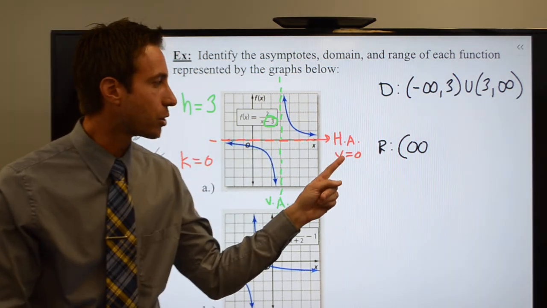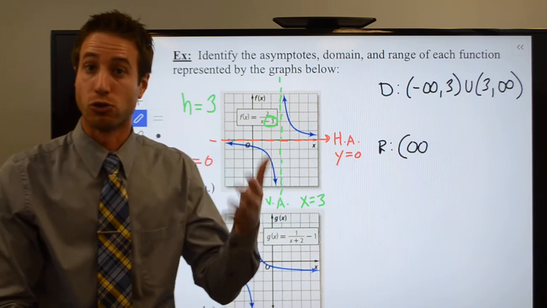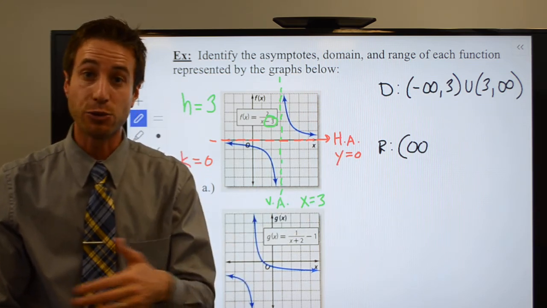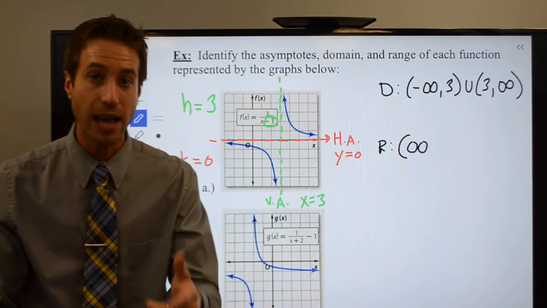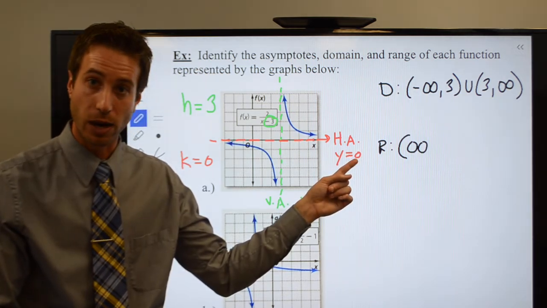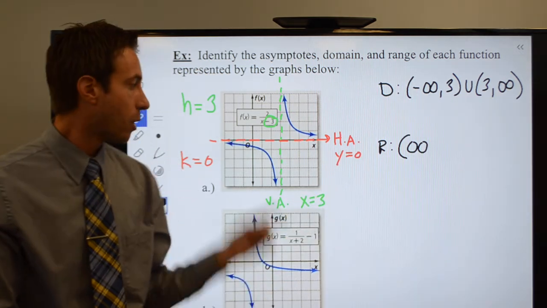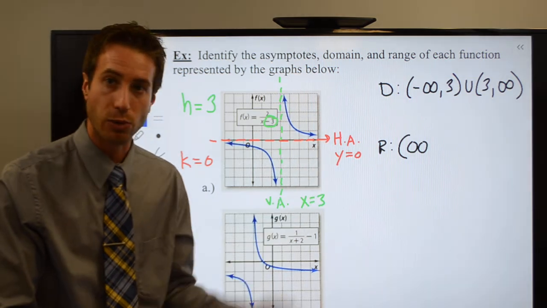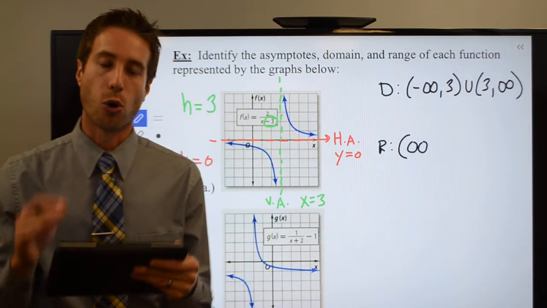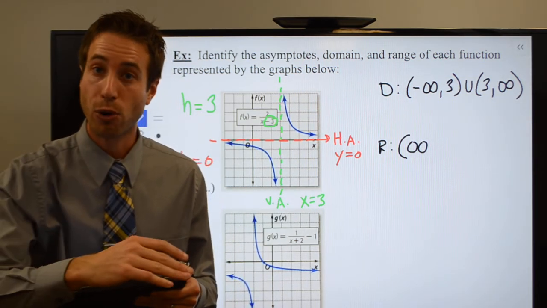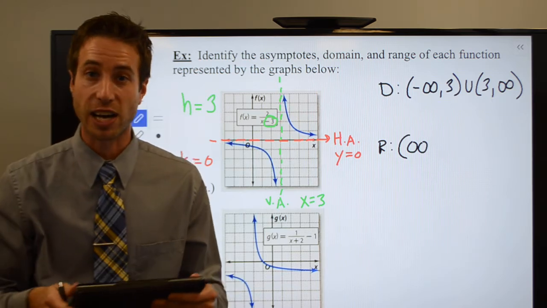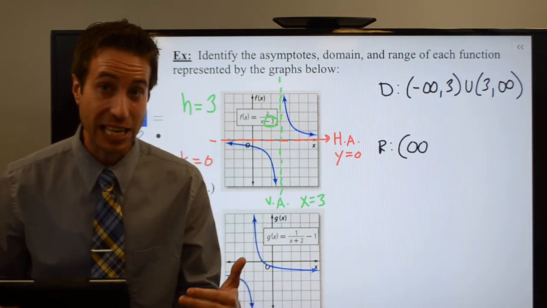My horizontal asymptote is at y equals 0. So my range values can be anything except y equals 0. Why can't it be 0? Well, because I have a horizontal asymptote there. And remember we said a horizontal asymptote is a line that your graph approaches but will never touch. Certainly is never equal to.